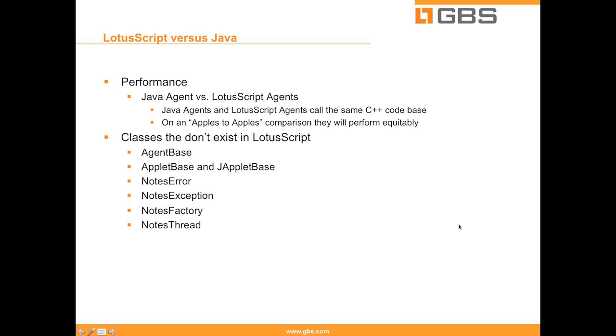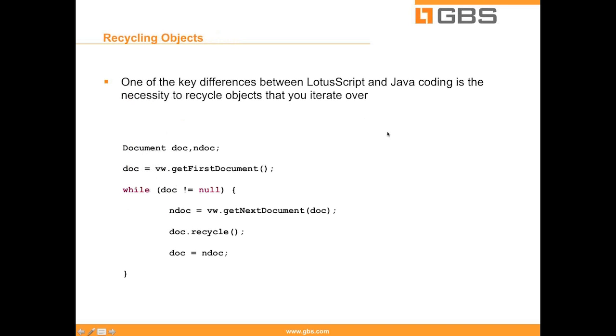In working with objects in LotusScript, one of the things that you never really had to worry about was, quote-unquote, recycling your object. In LotusScript, we would just say doc equals get next document, and what would then happen is it would replace that in memory, and it was pretty efficient.